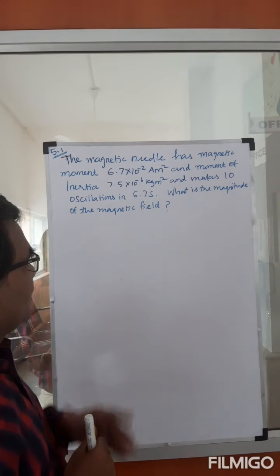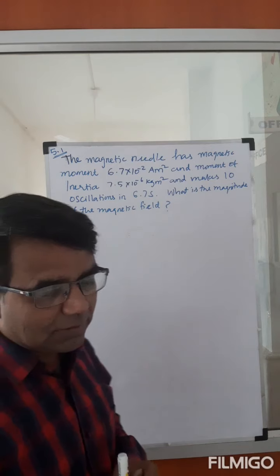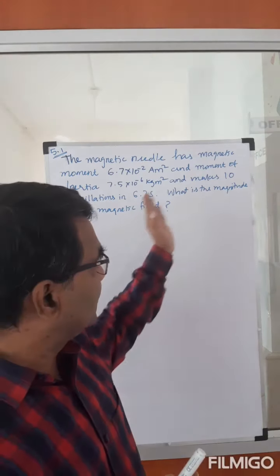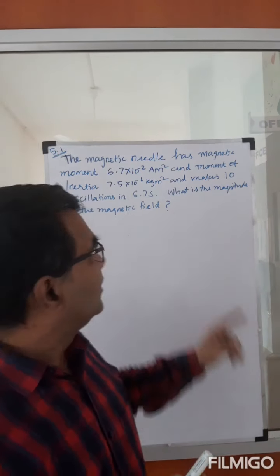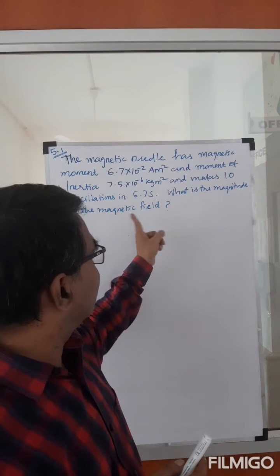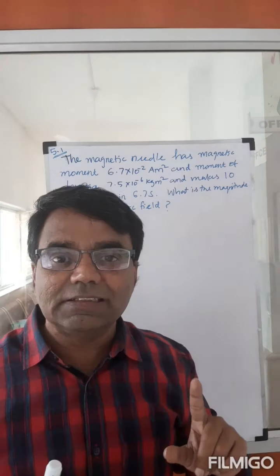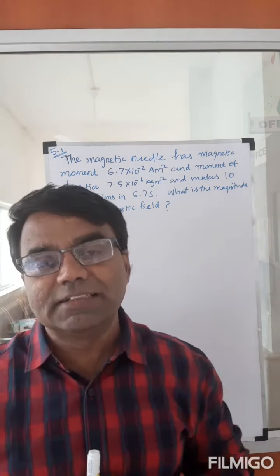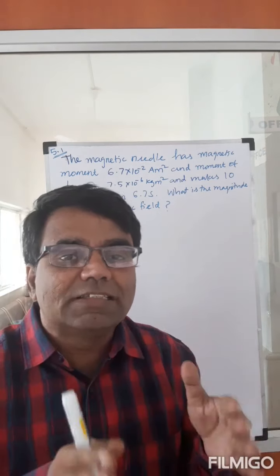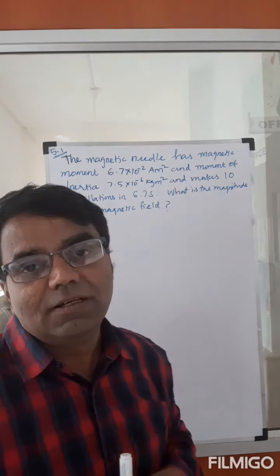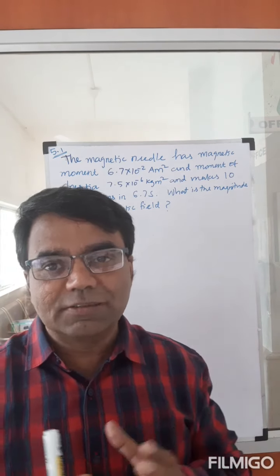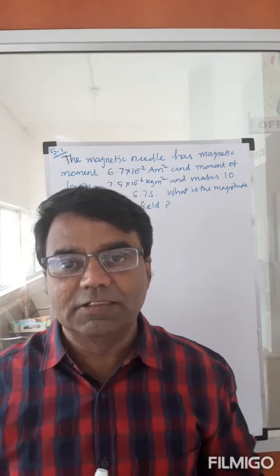What is the magnitude of the magnetic field? Okay, so clearly, even though it's not expressed here, they want the magnetic field strength of the external magnetic field, not the magnetic field set up by this magnetic needle. So they want the B value of the external magnetic field.